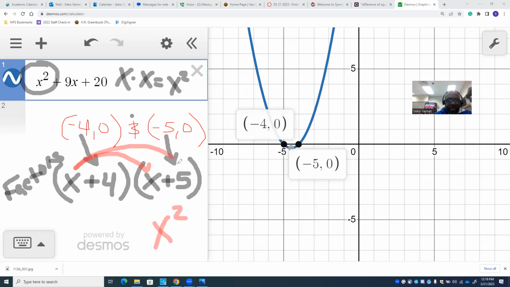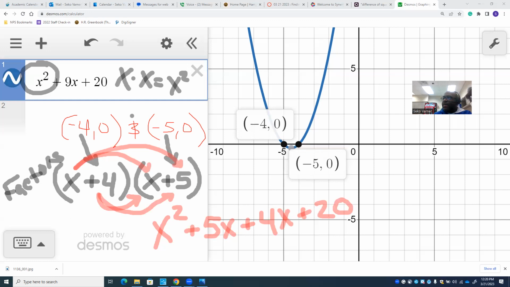And then if I do x times 5, I'll have positive 5x. And then if I did 4 times x, that's going to give me 4x. And then positive 4 times 5 will give me positive 20.